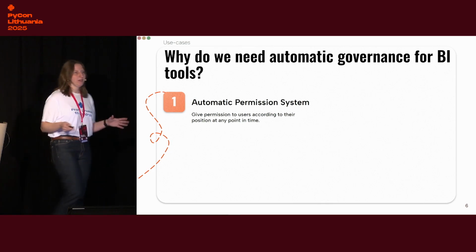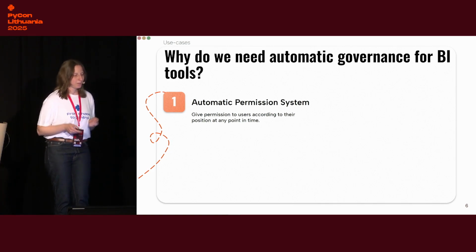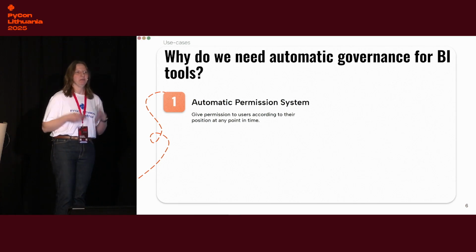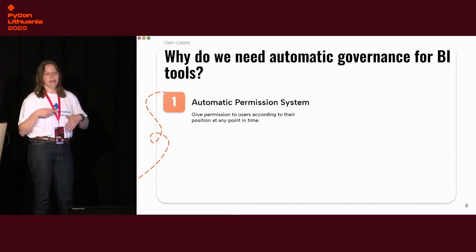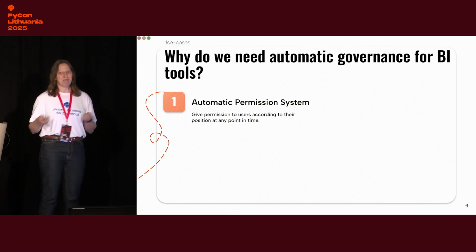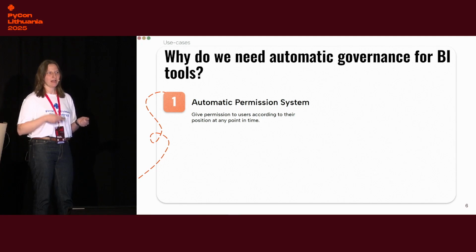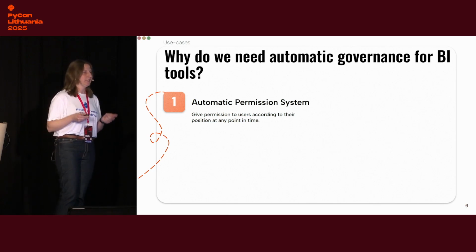So I kind of spoil a little bit. One main point of this talk is about permissions and how we give automatic permissions. We have at the moment 250 employees, and these employees can change positions in the company, and they may not be able to see everything. Accounting data, for example, is not supposed to be seen by sales. So there are some restrictions in that.